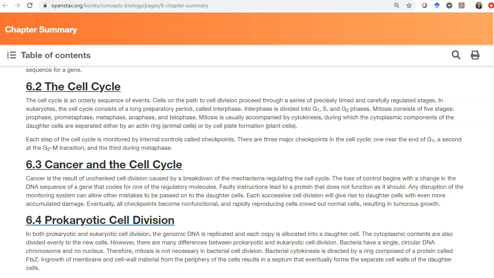That zygote then undergoes cell division, and after several rounds of cell division, the undifferentiated cells start to differentiate into different forms. And we'll talk about this a bit more in a later unit when we're looking at reproduction.